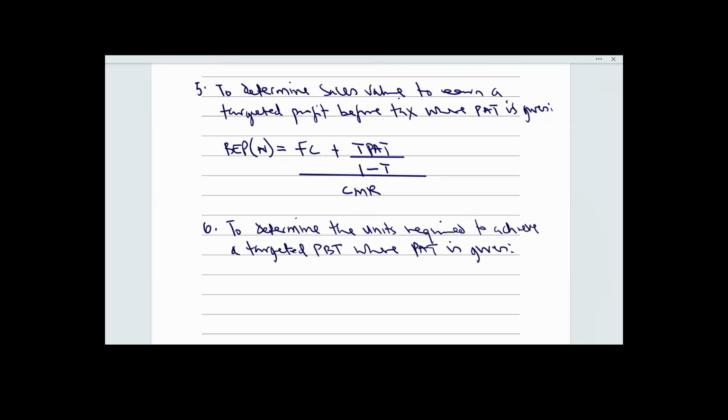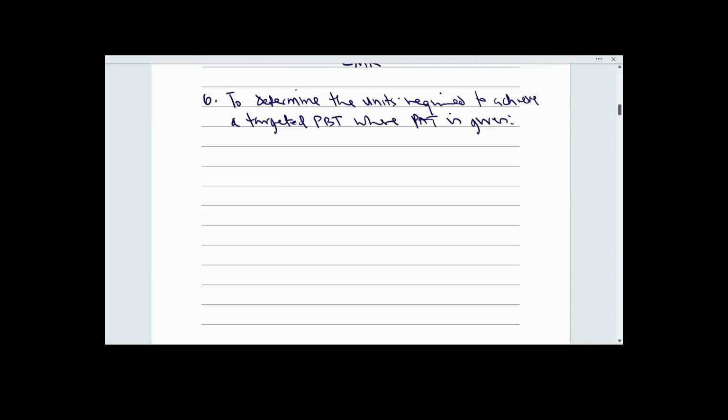The objective is to achieve targeted profit before tax, but in the question, you are given profit after tax. So in this case, break-even point in units will be computed as the fixed cost plus targeted profit after tax given to you over 1 minus tax rates, then all of this divided by contribution per unit. So these are the 6 different formulas that you can use to estimate.